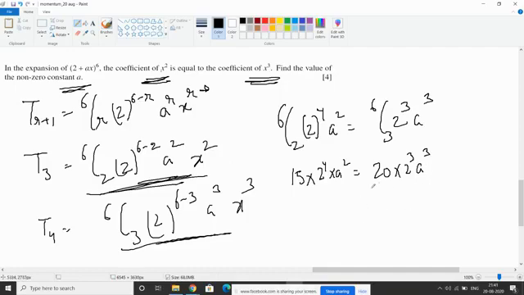So you can bring it one side. Let's simplify further. So 15 multiplied 2 to the power 4, you can cancel them. 2 cube gets cancelled, so you'll get 2. 15 multiplied 2 a square divided by 20 is equal to a cube.